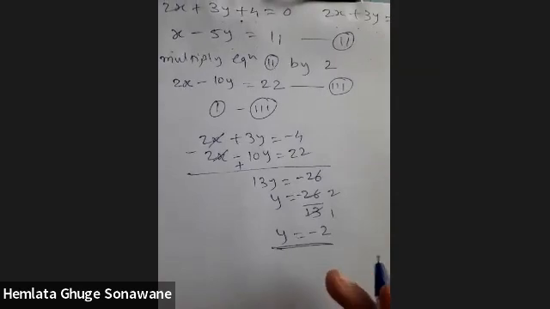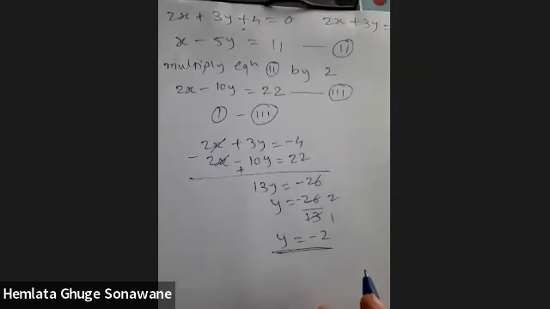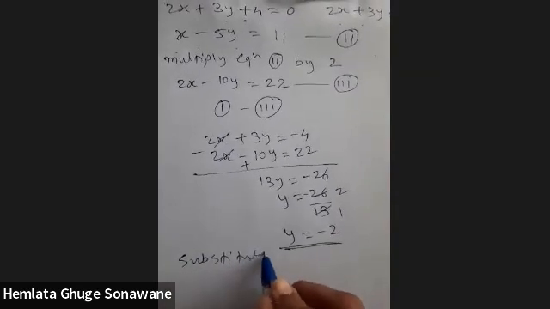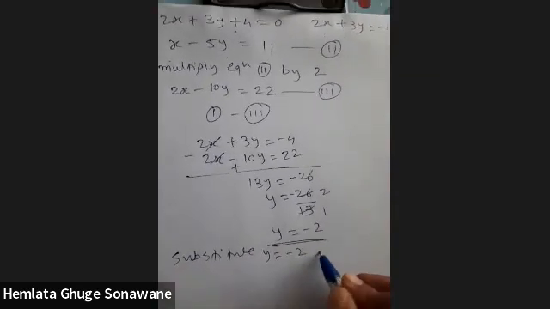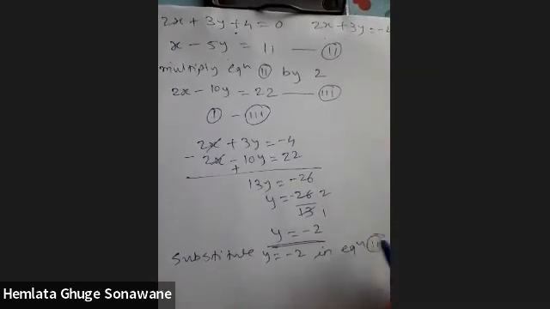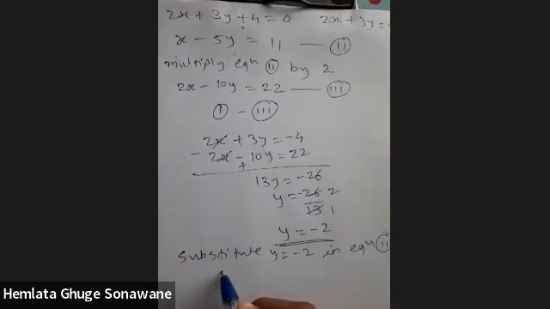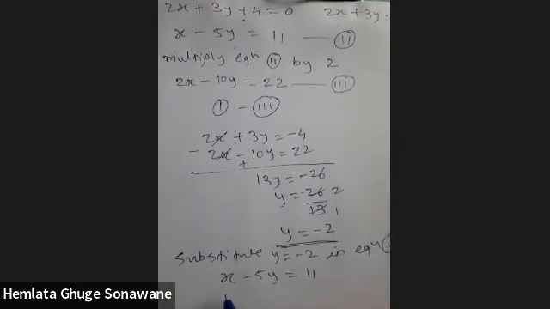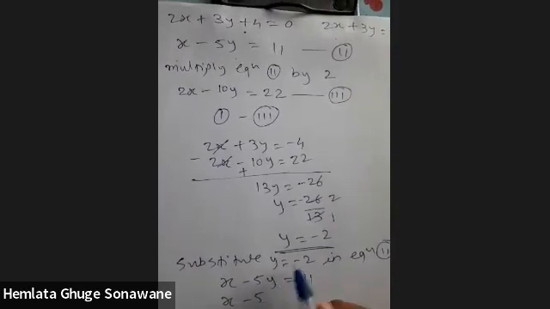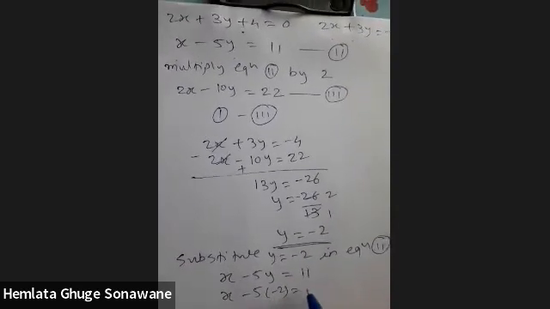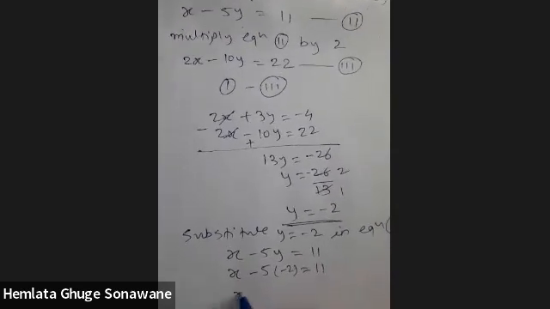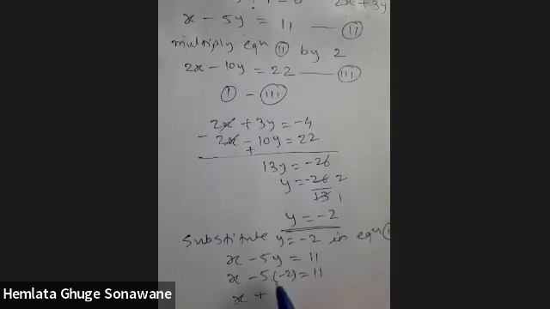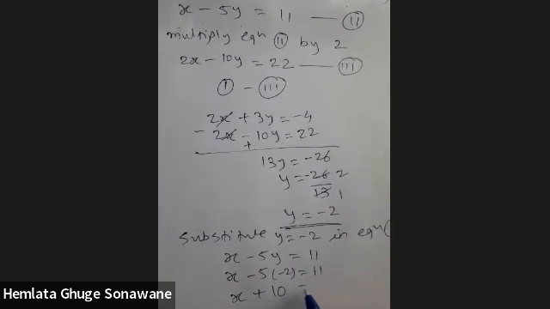Now we'll put this value into the equation. So substitute y is equal to minus 2 in equation 2. Equation 2 is x minus 5y is equal to 11. x minus 5, value of y is minus 2, is equal to 11. Here 5 2s are 10, minus 5 times minus 2 becomes plus, so it becomes plus 10.